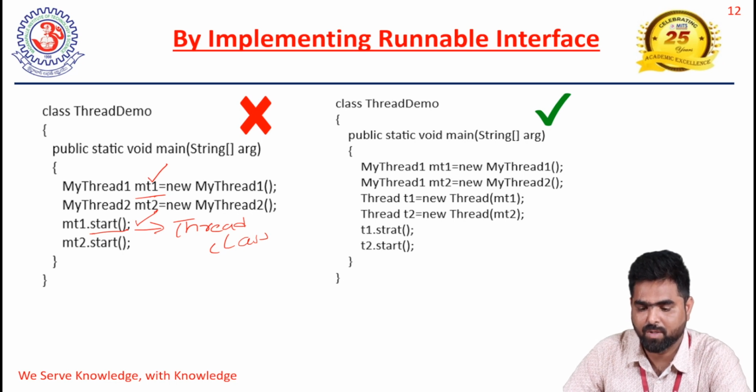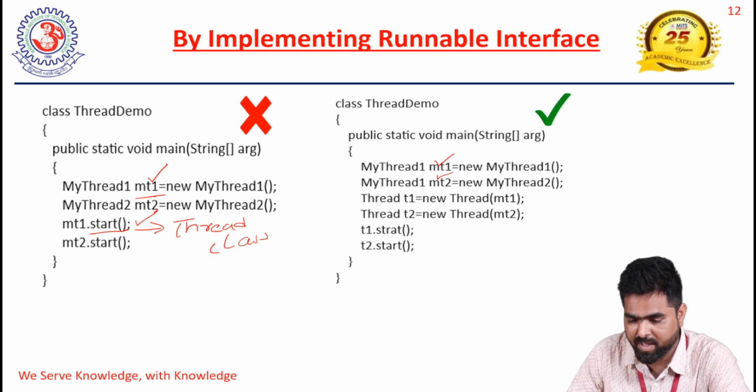illegal. That's why here I have provided the correct way of creating a thread by implementing the runnable interface. First, I have created one object for my thread 1 class, which is implementing the runnable interface, and I have created one more object, the thread class object, on my thread 1.